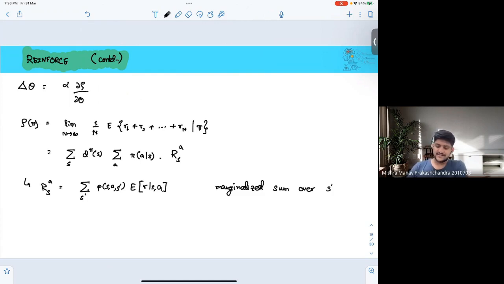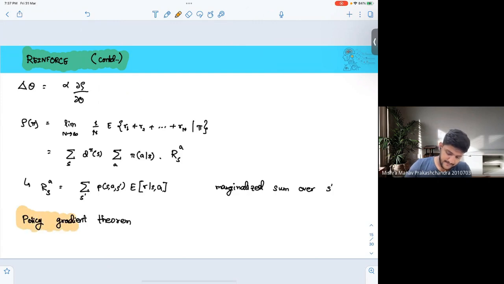Now, we'll next look at something called the policy gradient theorem. So this should be done in the next 20 minutes, hopefully. So for the policy gradient theorem, let me take it to the next slide as well.